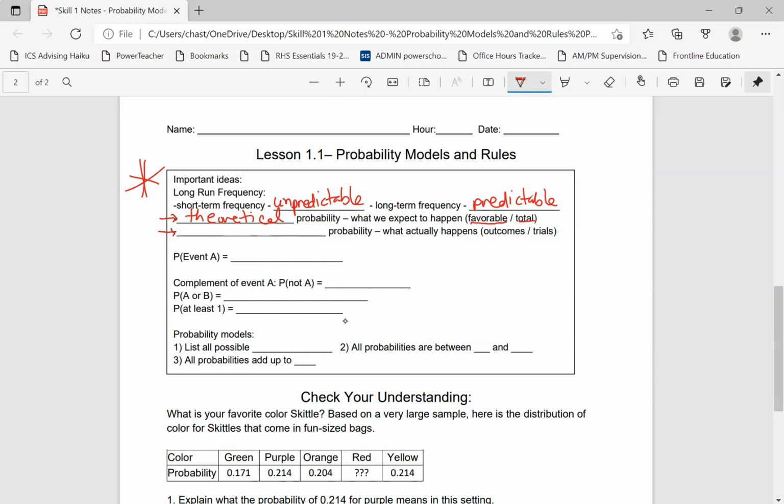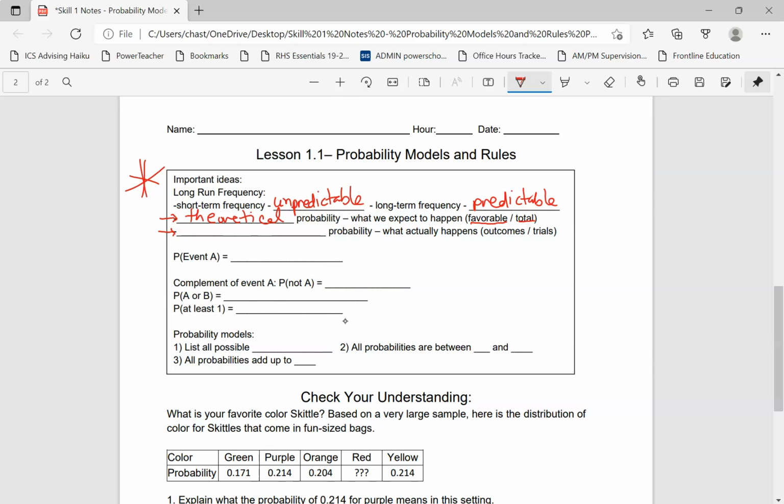So for example, if I flip a coin, we know that there are heads and there are tails. That means there are 2 total outcomes. If I want to know the probability that it's going to land on tails, tails is 1 out of the 2 outcomes. So we would say the probability is 1 out of 2. If you're rolling a number cube, there are 6 sides, so the total possibilities are 6.